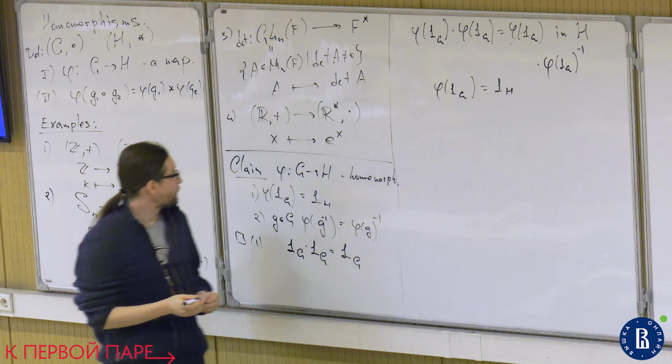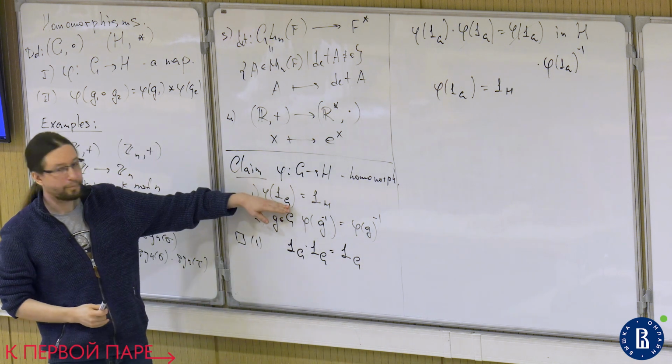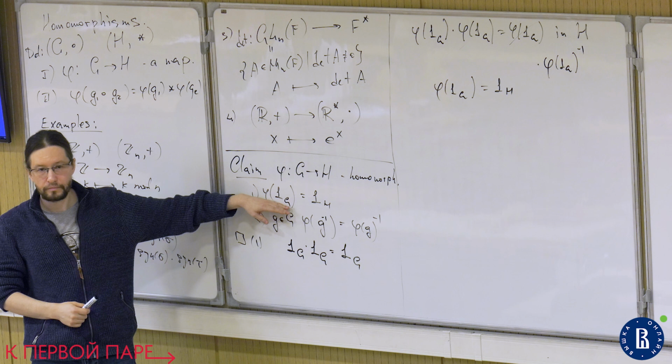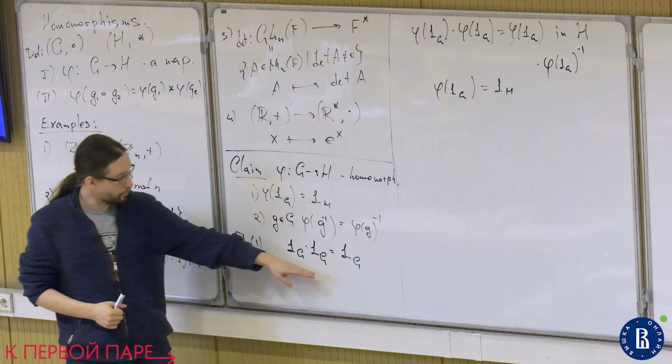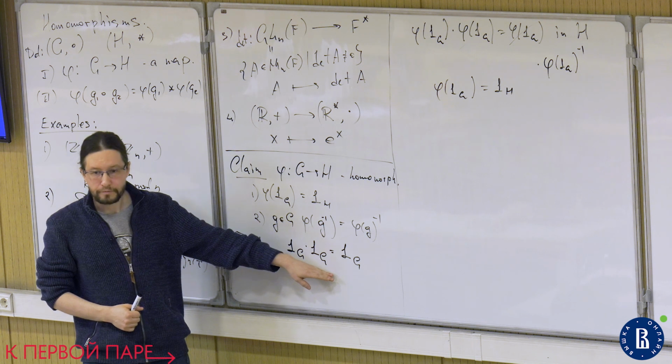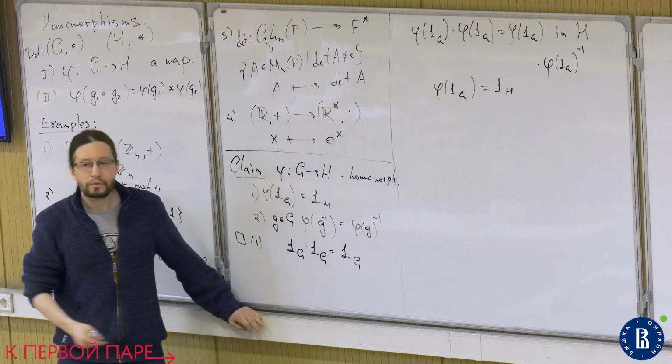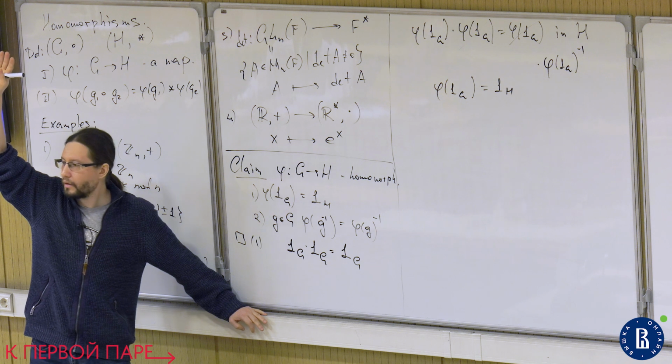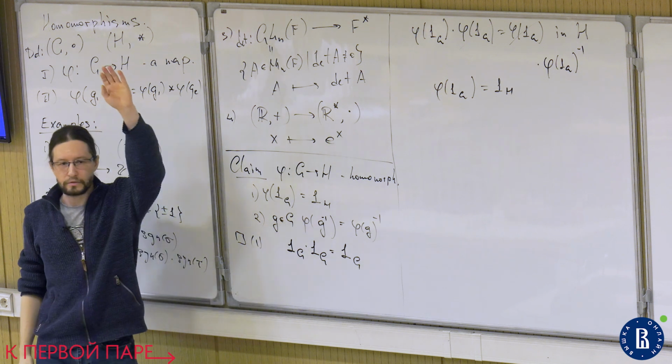So this is why we preserve the neutral element. So yeah, we should start with this equality and then just apply the homomorphism. Okay, who was able to follow? Are there any questions regarding this?